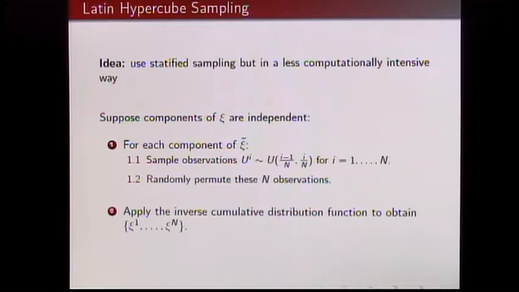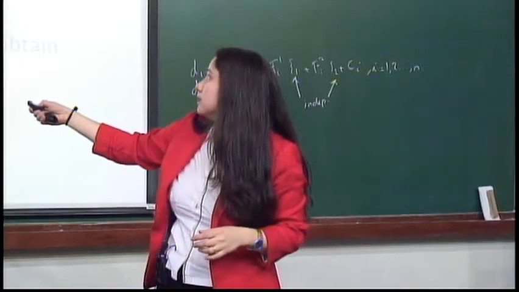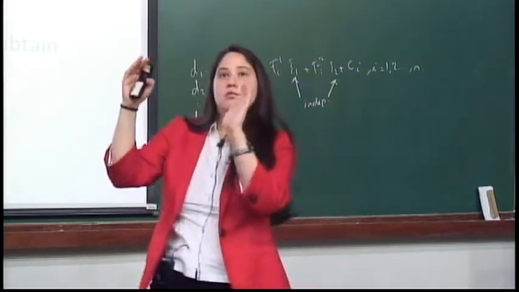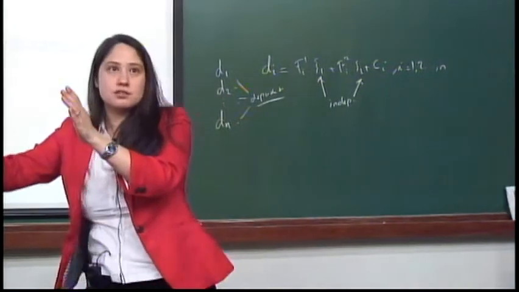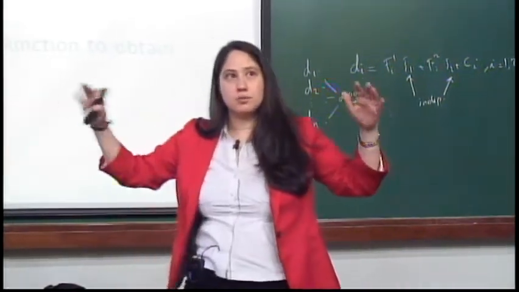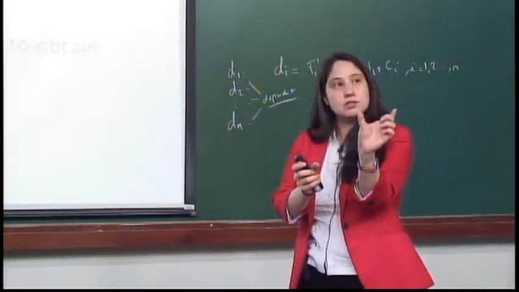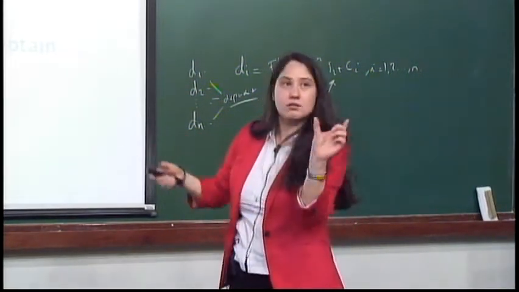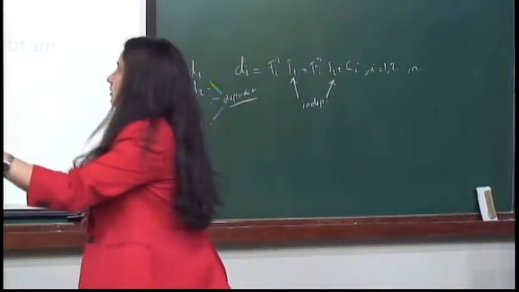But this uniform, so if I'm going to do a sample size of capital N, all right, each dimension, I chop it up into n regions. So the first one will be 0 to 1 over n, okay? 1 over n to 2 over n, 2 over n to 3 over n, etc. So I chop it up into n regions, and within each region on that dimension, I'm going to sample uniformly of that particular part, all right?